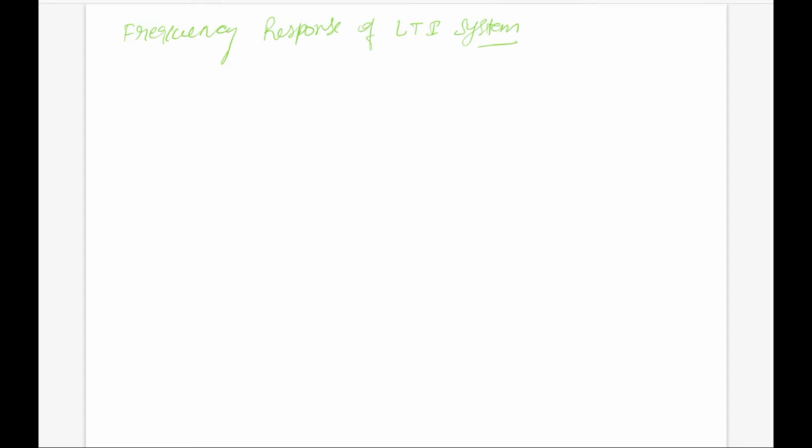We have seen in lecture 5 that the frequency response can be written like this, and just now we have seen that X(e^{jω}) is written like this.